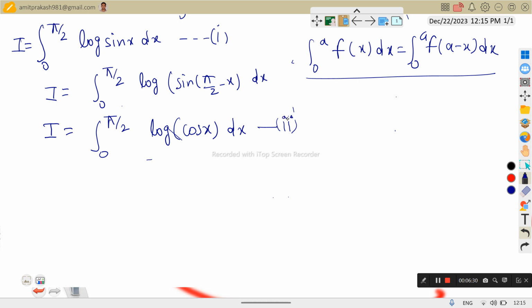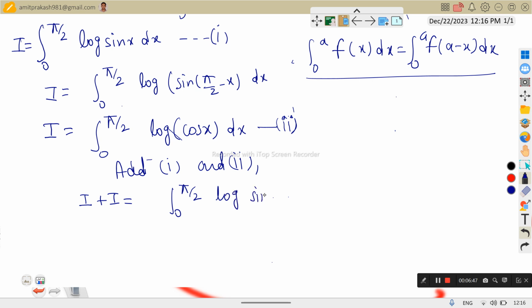What we do is we add equation 1 and 2. Add 1 and 2. I plus I on the left hand side, and on the right hand side this becomes integral 0 to pi by 2 log sin x dx plus integral 0 to pi by 2 log cos x dx.